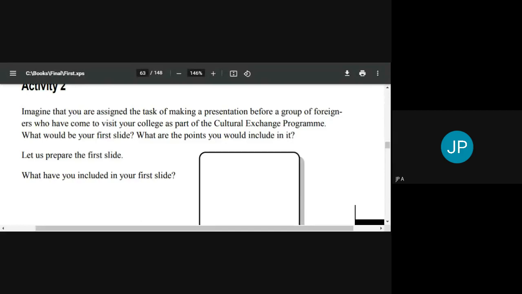So this is something that we could do. We prepare a slide with the title. What is the title? The title is about the college. That is what we are going to present before the audience. Then the name of the person who is making this presentation, the class of the person who is making the presentation, and the name of the college.